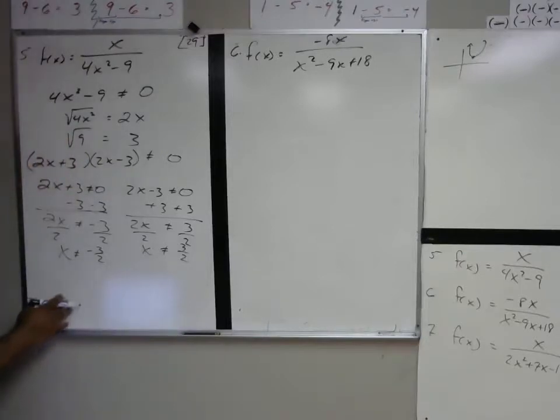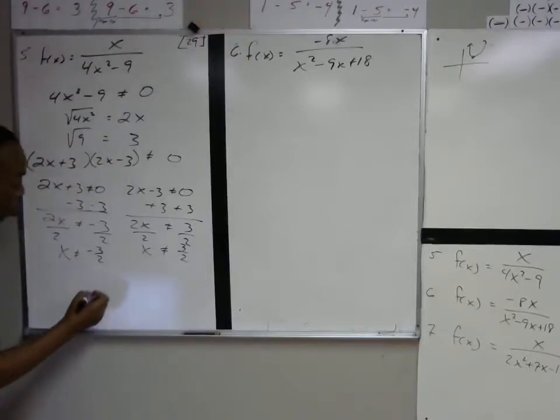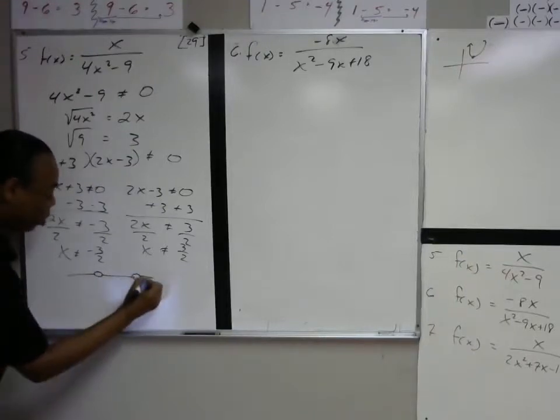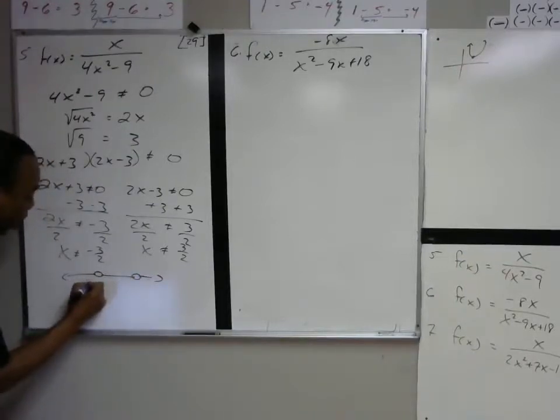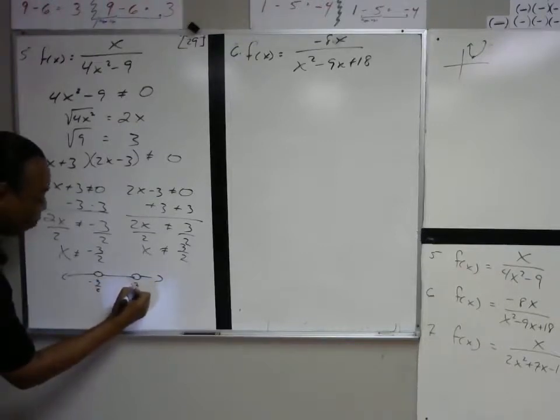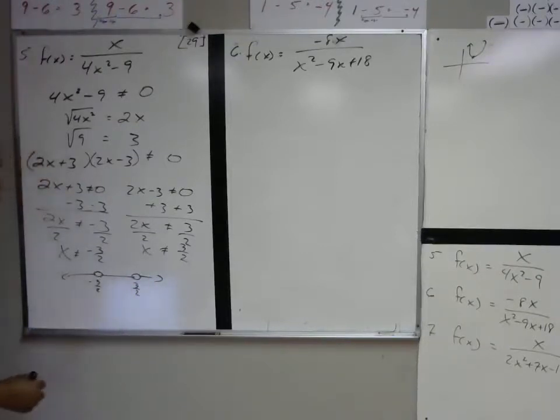All right, what does the number line look like for this? Well, this number line actually has 2 gaps in it. There's a gap here at -3/2 and another gap here at 3/2. So those two values cannot be used.